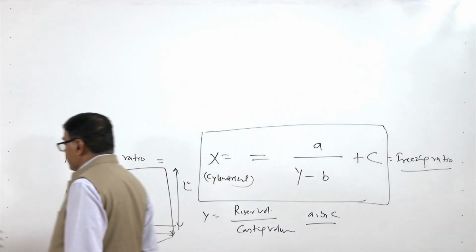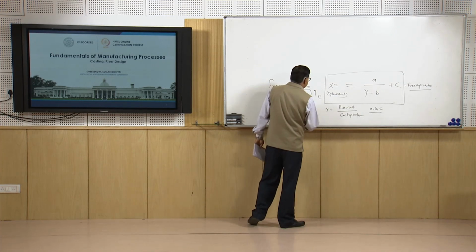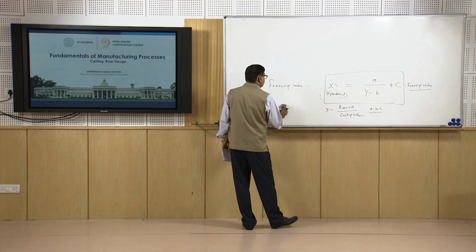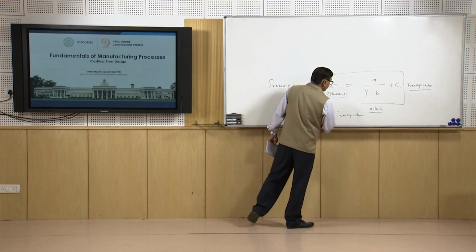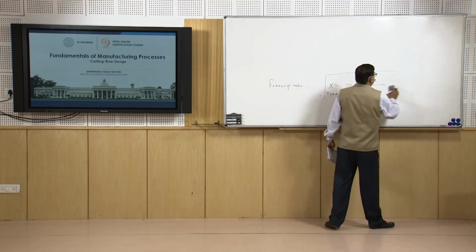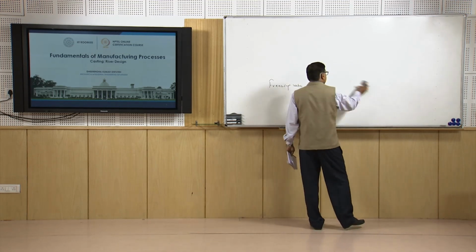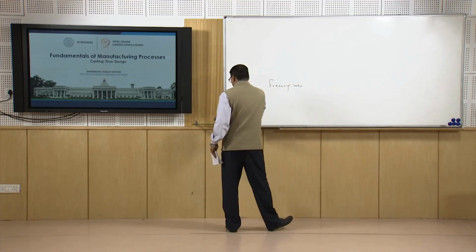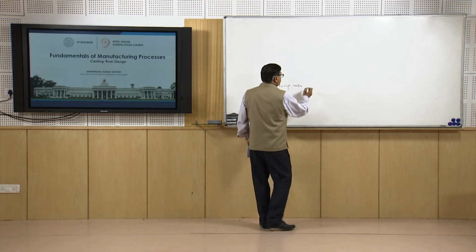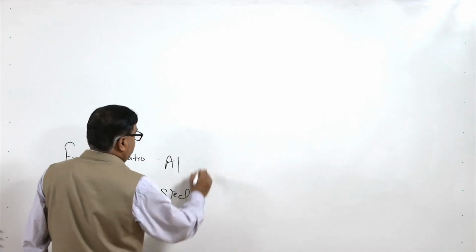So, people have identified the values of the constants through experimentation for designing the risers. Here I will be writing the values of the common constants used for designing risers for common foundry metals, say aluminum, steel and cast iron.